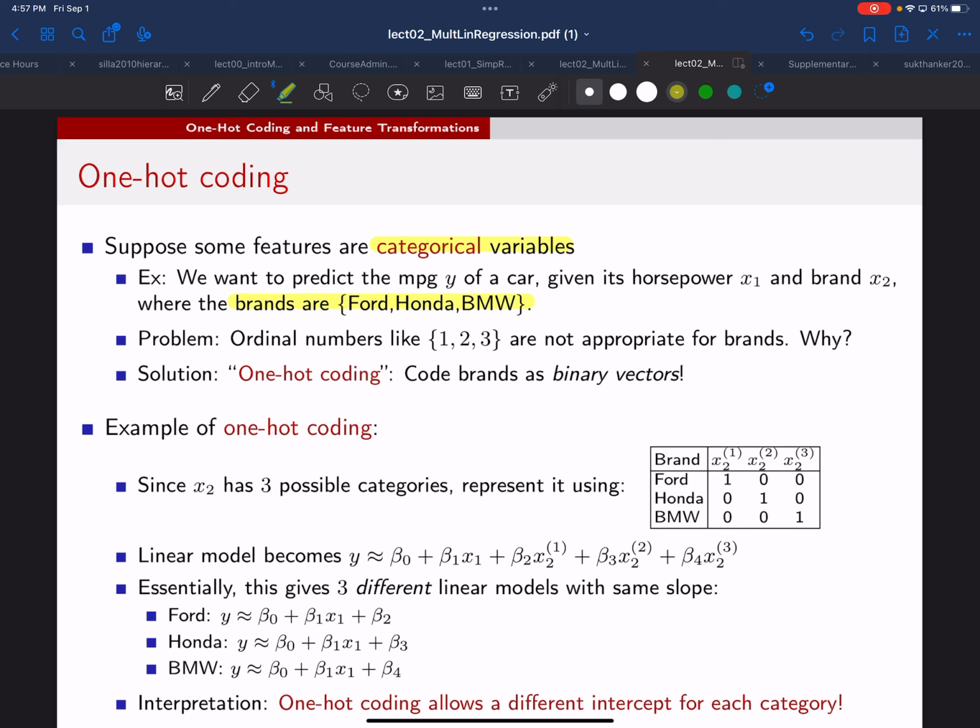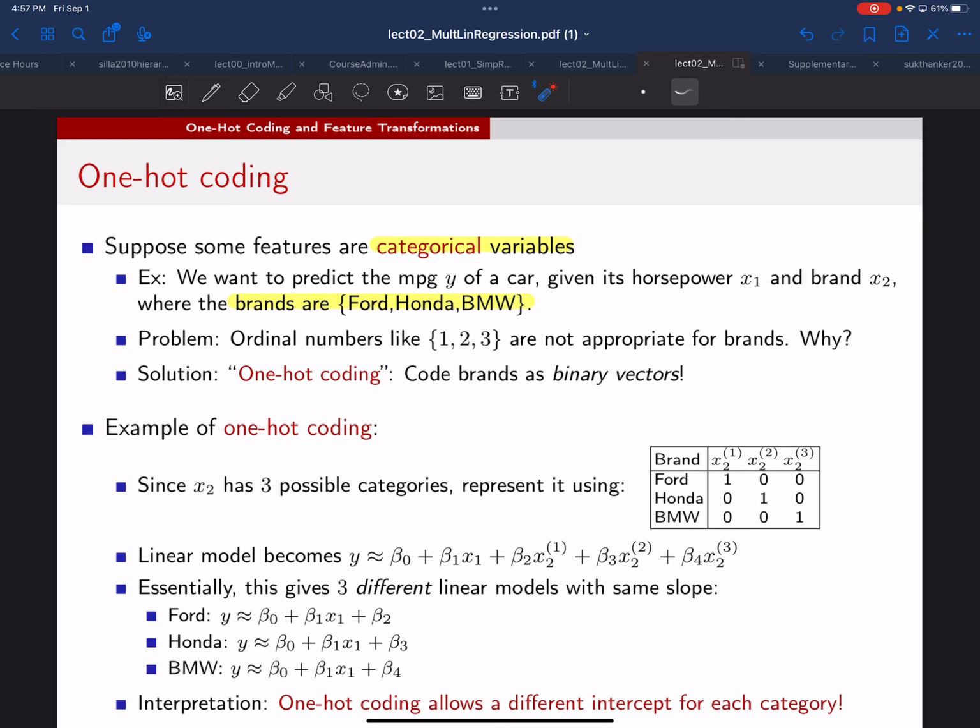It's not really possible to say that. Maybe in particular ways there's some ordering, but in general, at least for predicting miles per gallon, it's not really clear what the ordering would be. So we want to avoid making an ordering. We don't want to pretend that Ford is 1, Honda is 2, and BMW is 3, and then do the same linear regression we've been doing. That would not work well.